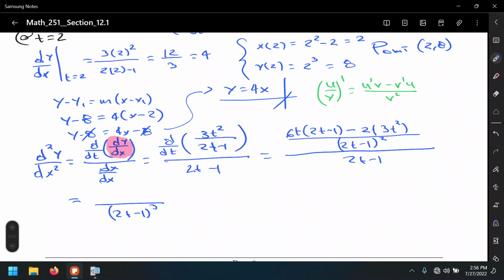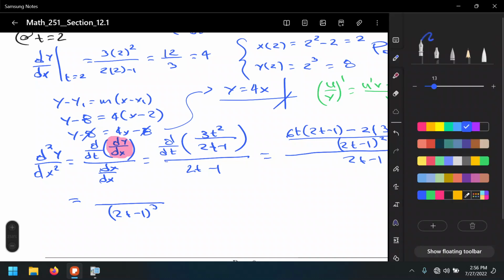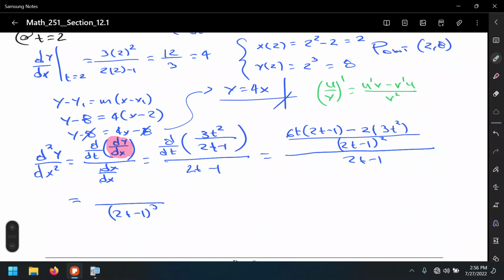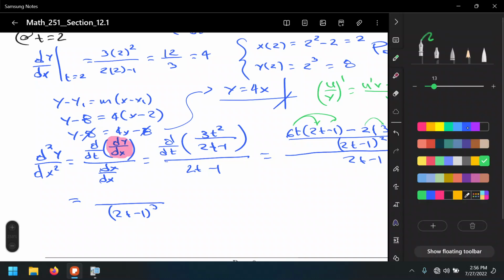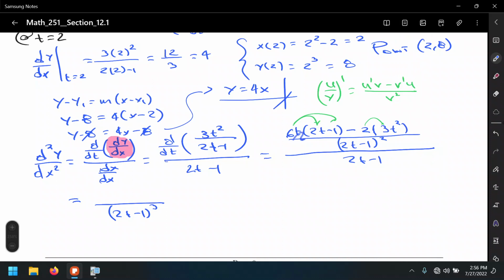Yep. And well, let's simplify the numerator, this funky looking numerator. So distribute, and these two just multiply, 2 times 3. There's really nothing crazy. Okay, so 6t times 2t, that's 6 times 2, that's 12t squared. And 6t times negative 1, that's minus 6t.